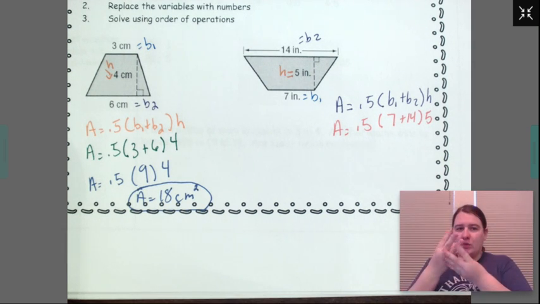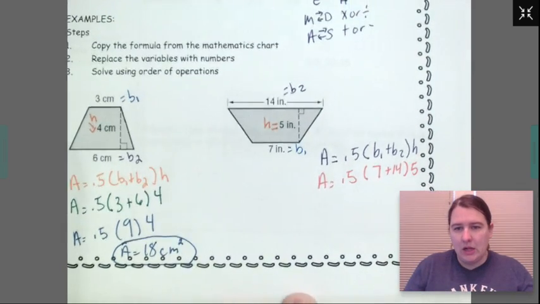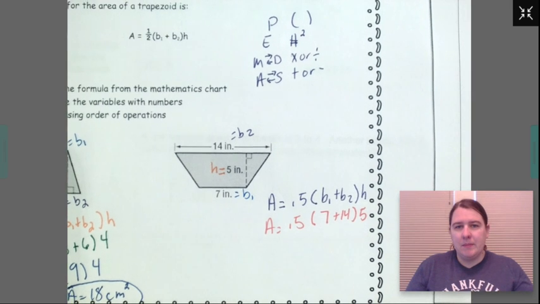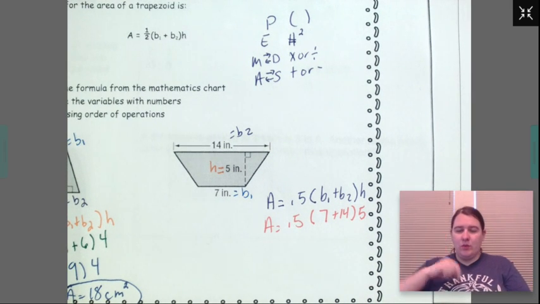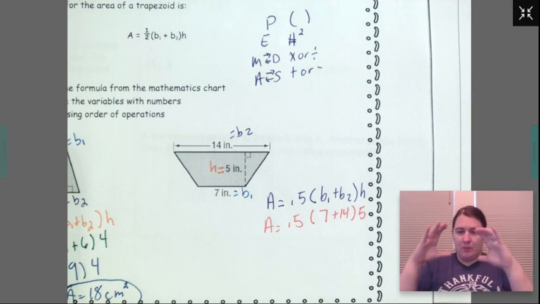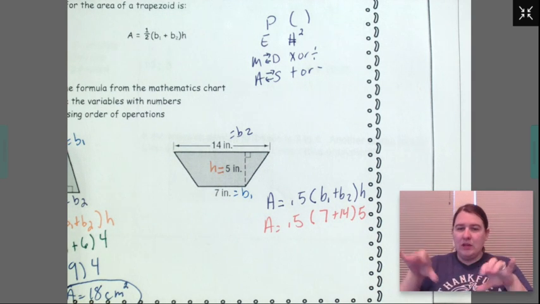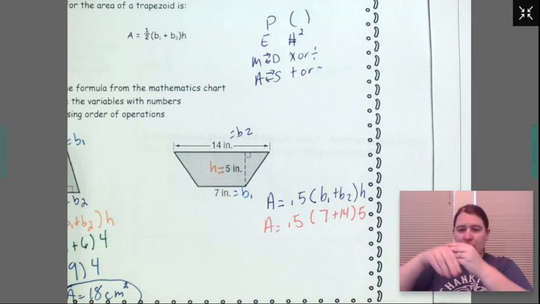Okay, third, we're going to solve using the order of operations. All right, so we see parentheses. We need to do that first. Inside my parentheses, I'm adding 14 plus 7.